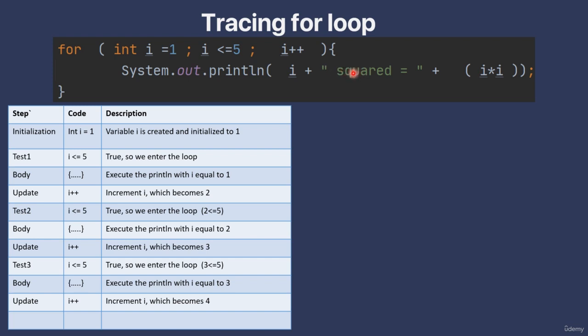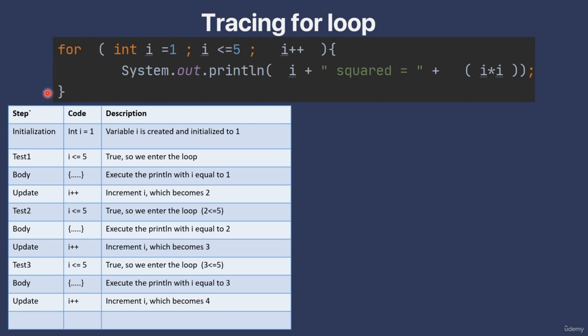They will be executed every time the loop is executed. But I is a variable. So you see, guys, variable. And here we have the plus sign that we have talked about in the previous videos. So I times I equal to 3 times 3. It will print 3 squared equal to 9.